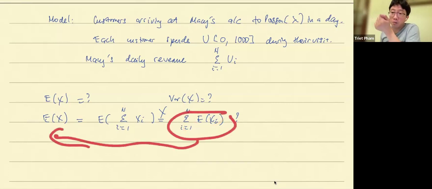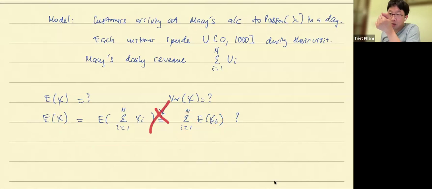A random variable cannot be equal to a number. So that's wrong. Or, to put it even more simply, you cannot pass expectation through a random sum. By random sum, we mean a sum where the upper limit is random. Okay, so that's wrong. So how will we do this?